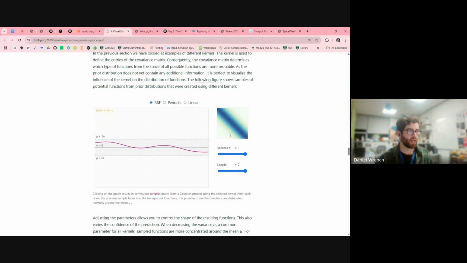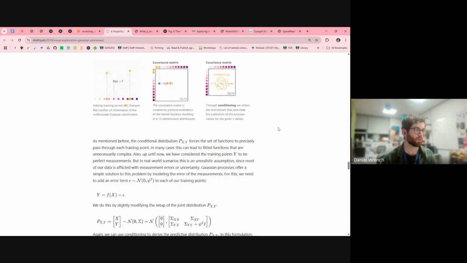So if you have some point and you want to know what the distribution will look like, say 10 points away, you'd go down to here and measure what the correlation value is at that point. And that is how I'm going to adjust the distribution based on whatever that value is.